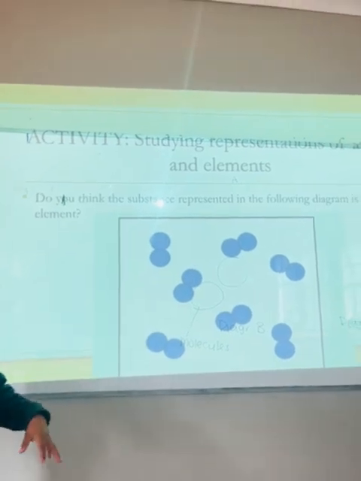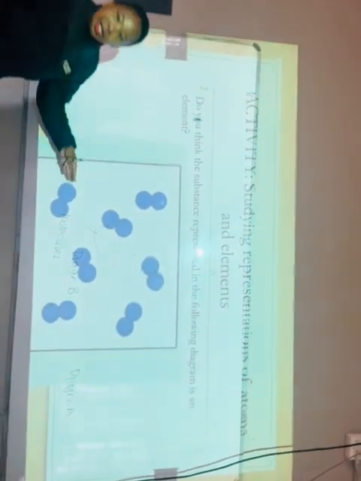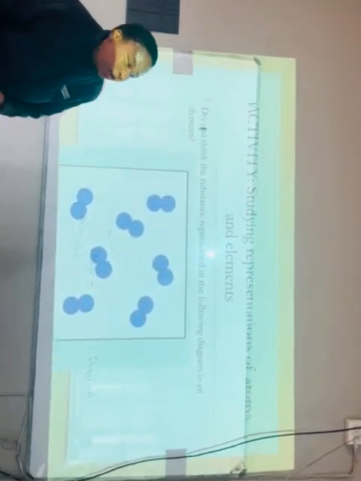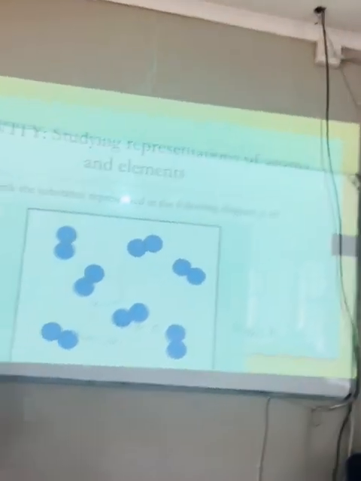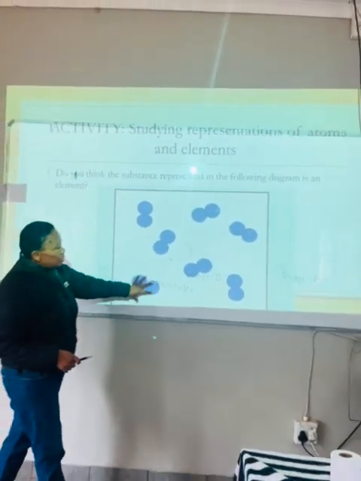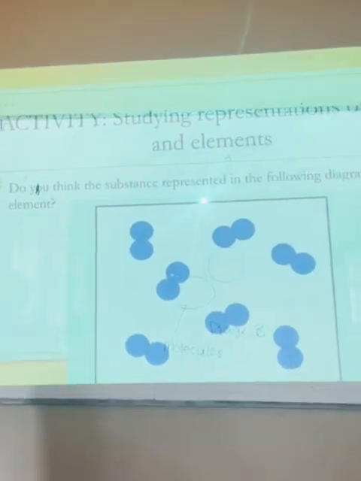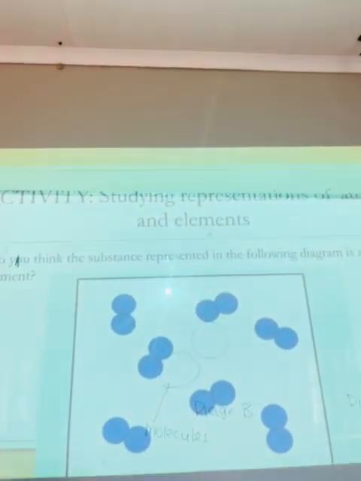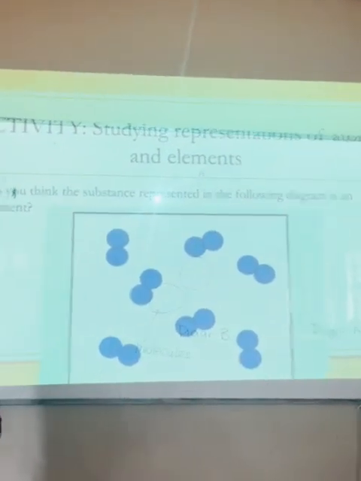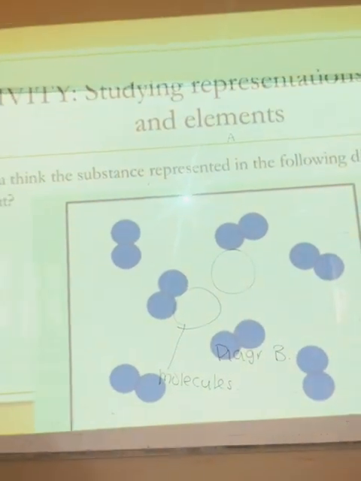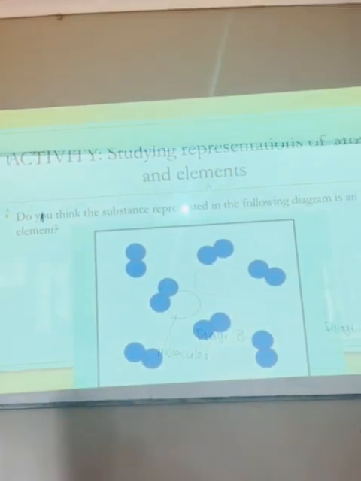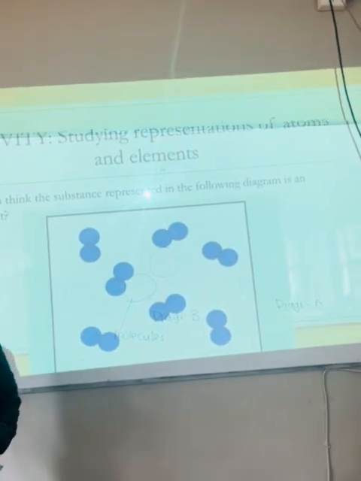Now, a quick activity so that I can check whether you understood what we are talking about. I want you to take a closer look at this representation here and tell me if you think this substance is an element or a compound.